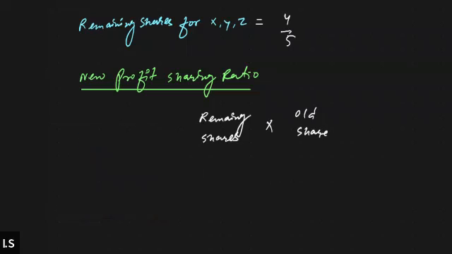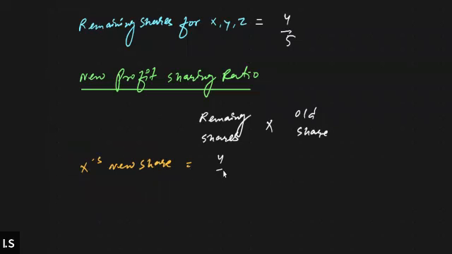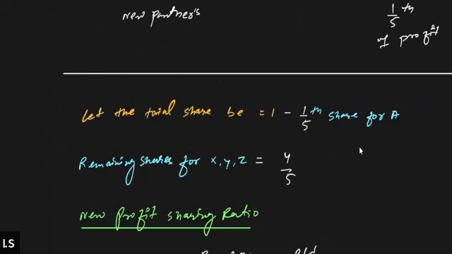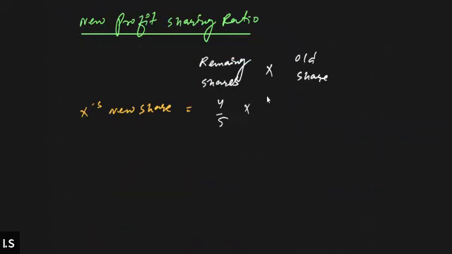So X's new share will be the remaining share, which is 4/5, and the old share of X was how much? 5/10. Is that correct? Yes, sir. Okay.